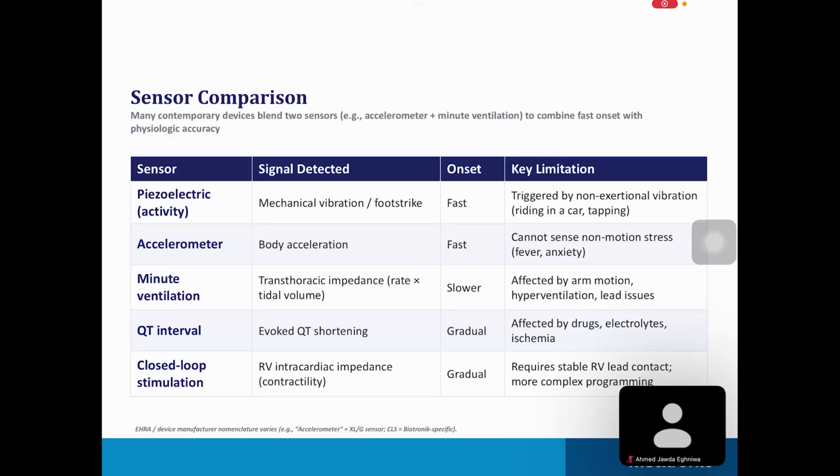The most effective sensor in this feature is closed loop stimulation. Clear? Do you know how to differentiate between the R in the NBG code and the rate drop response feature?